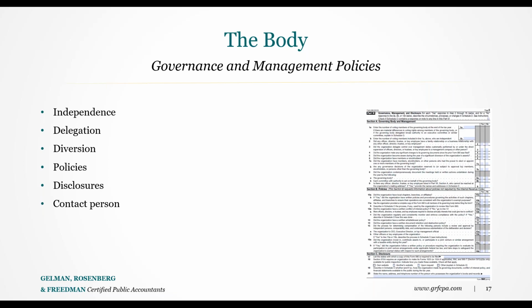When focusing on the management section, the IRS and any potential readers will see if the organization has delegated its management duties, made any changes to its bylaws, and reported any family or business relationships with officers, directors, trustees, and key employees. There's also a question about diversion of assets. You really want to keep in mind when you're completing this that this is a very transparent document and allows readers to see all those things that may be important.